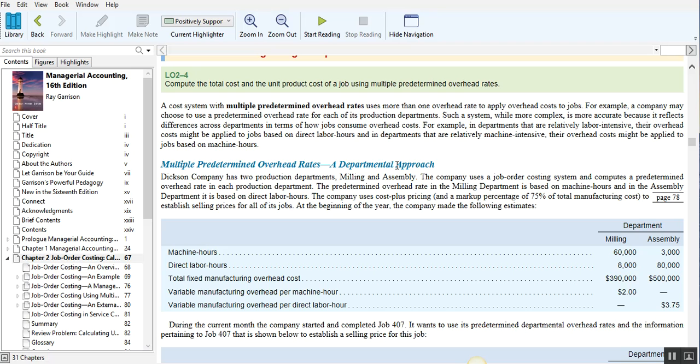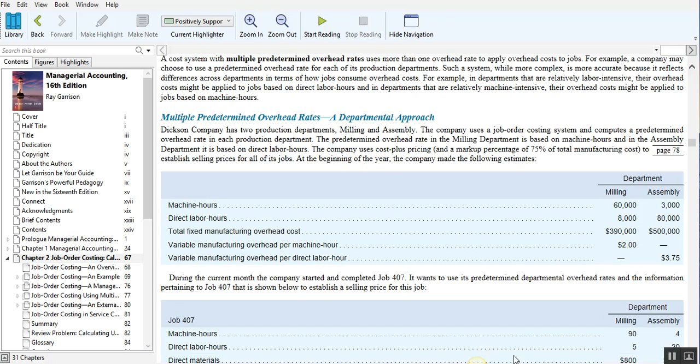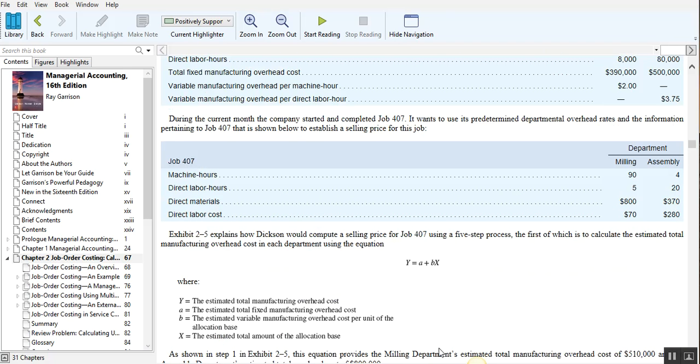We may even use multiple predetermined rates. If we do, that means there may be a need for different rates at different times. So in this example, we have two departments and each of them has different statistics related to machine hours, direct labor hours, direct materials, and direct labor costs.